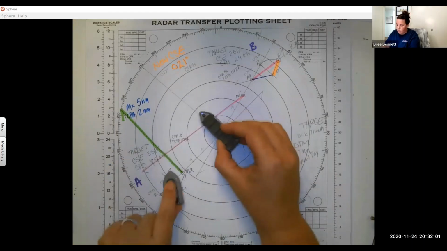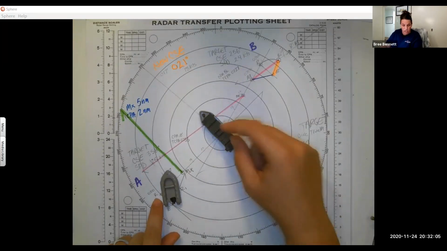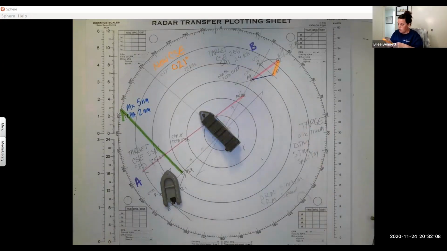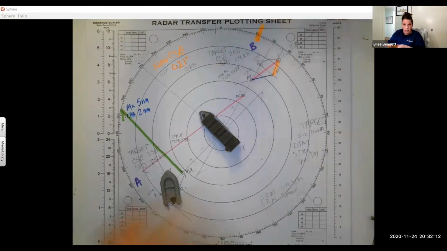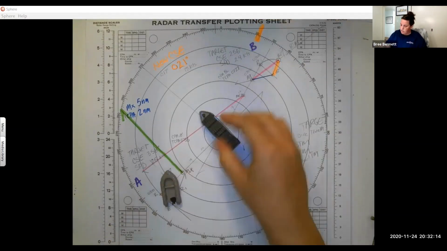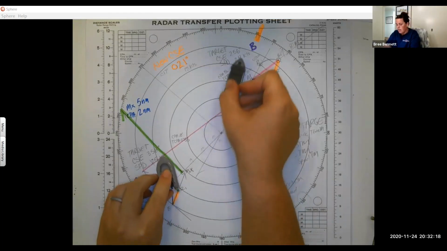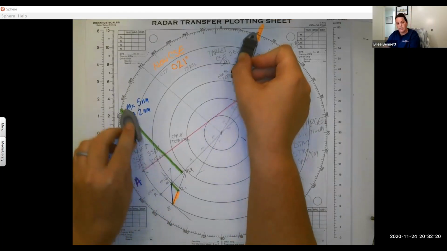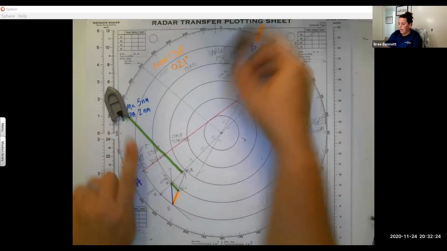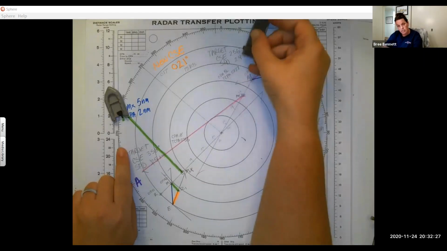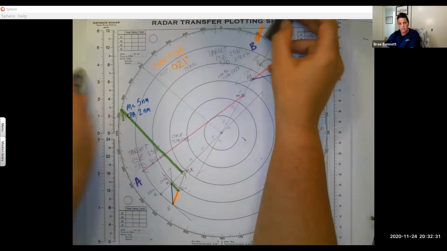So that's why our relative motion line is 0. But if I turn all the way to my new course of 210, and this guy continues on, his relative motion line is going to start going this way, because I've changed course so much that he's going to be cruising along that line.